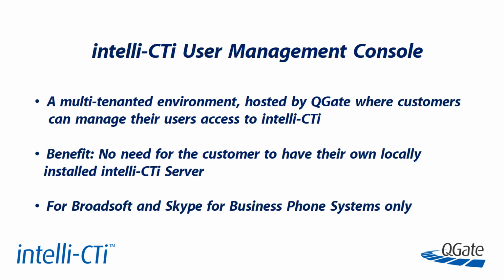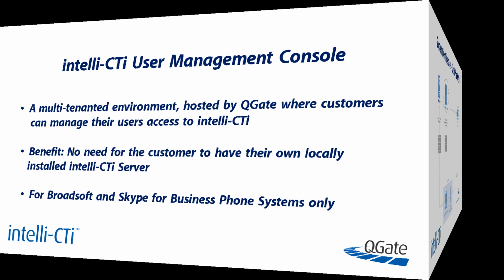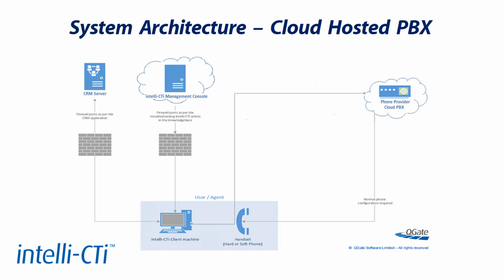So now let's have a little look at how architecturally the whole thing hangs together. This is the system architecture for intelli-CTi. It has three components. On the left hand side is your CRM server, which is where your Dynamics instance would be hosted, whether that's in the cloud or on premise.